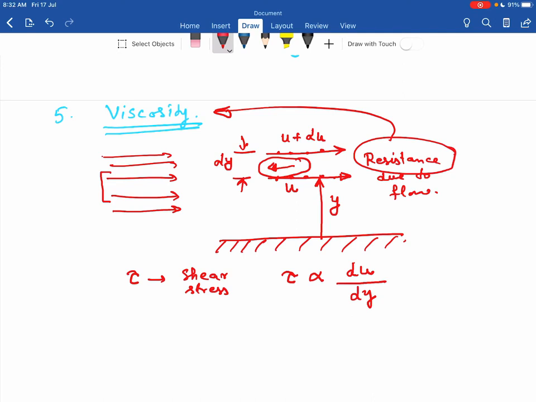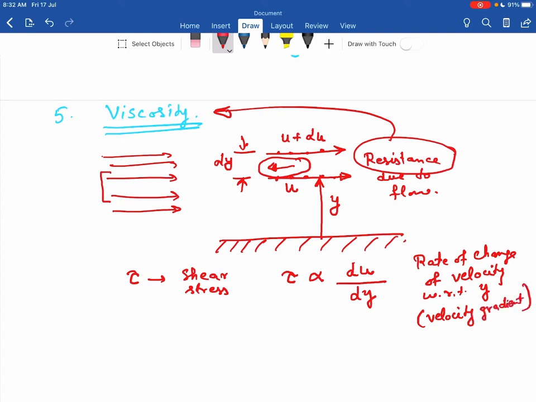Now this du by dy is also called the rate of change of velocity with respect to y, or we can also call it the velocity gradient. So now we can write tau with an equality sign, equal to a constant of proportionality times du by dy.